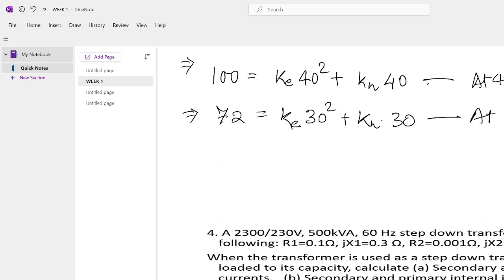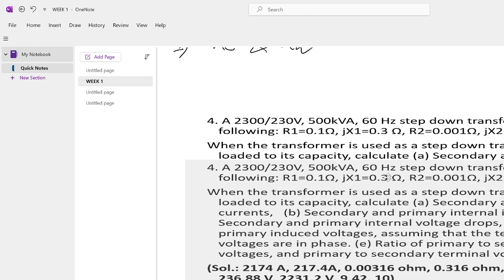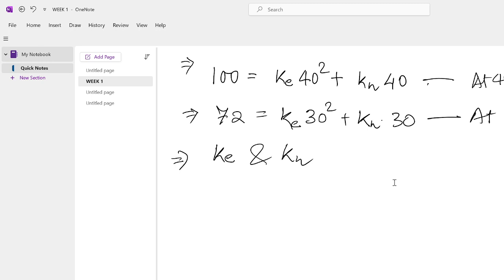So you have these two equations, 1 and 2. First solve these equations to find the values of the constants Ke and Kh. Please solve. What values are you getting for Ke and Kh? These are simple linear equations in two variables.